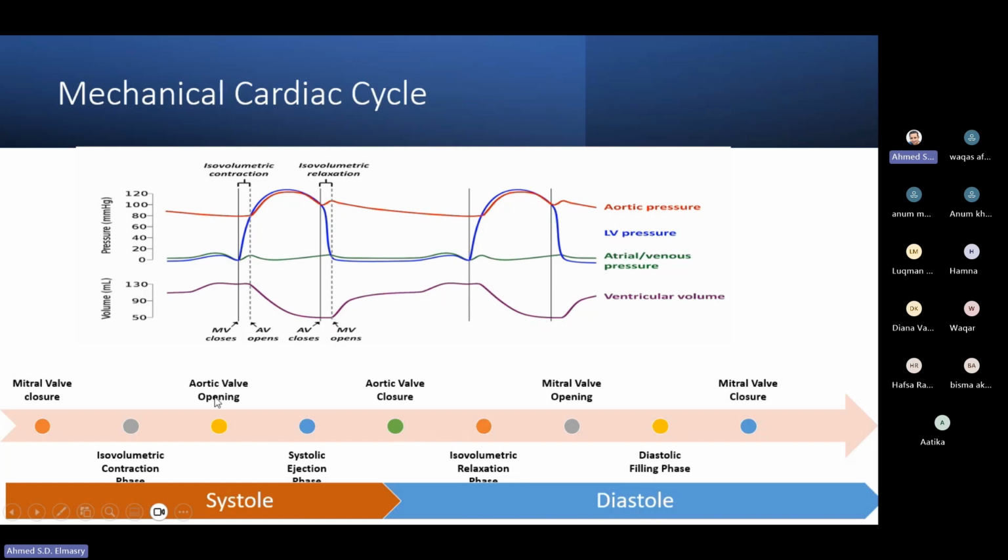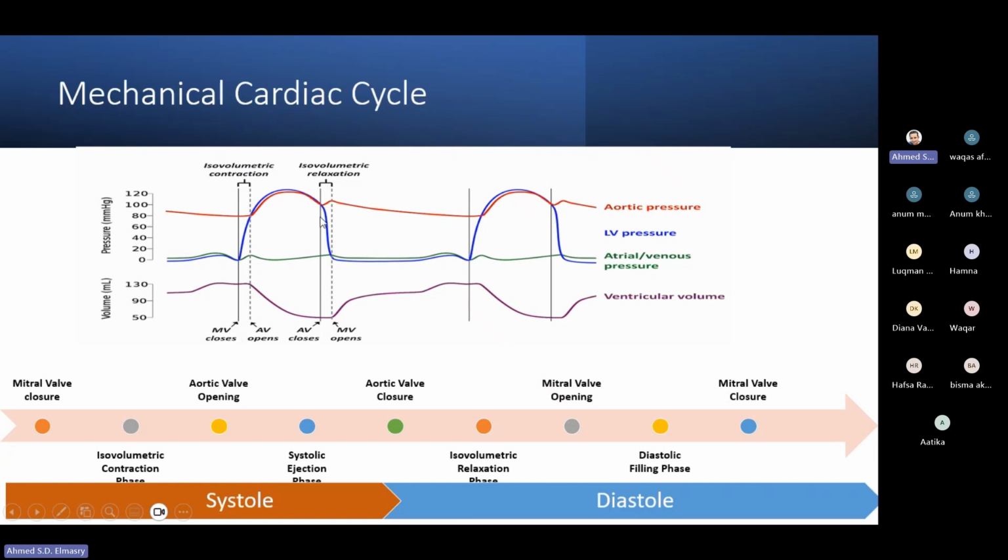cycle. And as we see here from this cartoon, the cardiac cycle starts at this point, where the mitral valve will start the closure. After closure of the mitral valve, the isovolumetric contraction phase will start, and as you see, this is a very short phase of the systole, and after that it will be followed by a longer phase of the ejection of the blood, which is called the ejection systolic phase here.